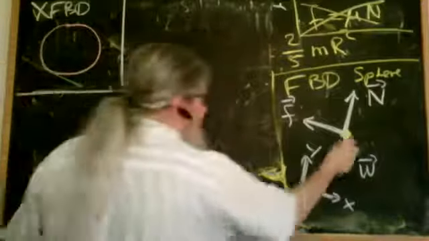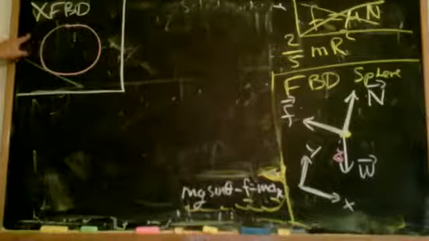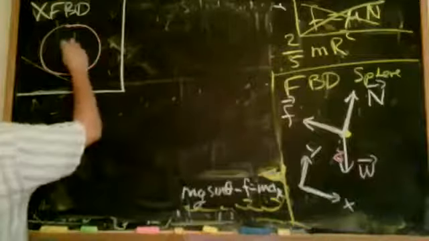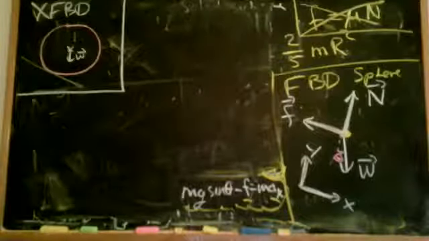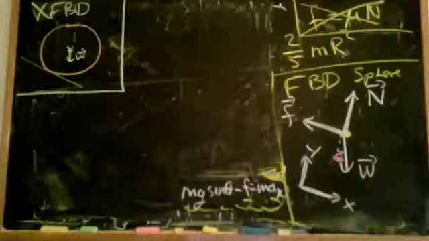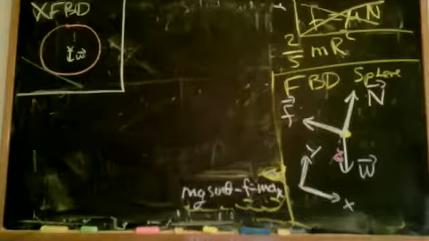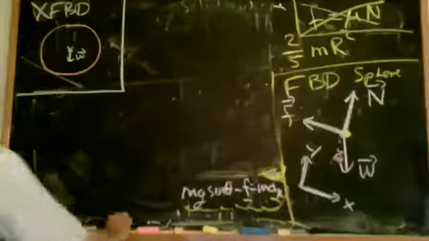So the first force I'm going to put on is the weight. Where does the weight go? Where does the weight always go on an extended free body diagram? It goes to the center of mass. And that's always true, and it's never not true. It always goes at the center of mass. So that's the weight. Okay? Actually, I'm going to make this bigger just so you guys can see it really clear. Hold on.